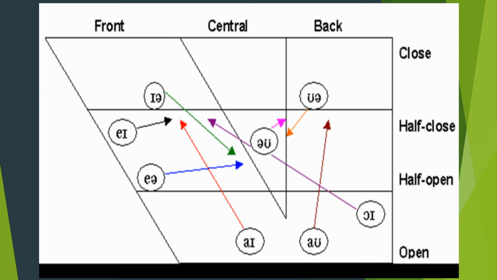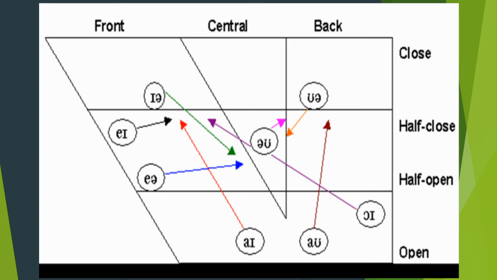Now see the first cluster. Based on this gliding, these vowel glides or diphthongs are divided into three clusters. First is gliding towards E. There are three diphthongs like this which glide towards E. What are they? This is the first one, which is the black arrow.